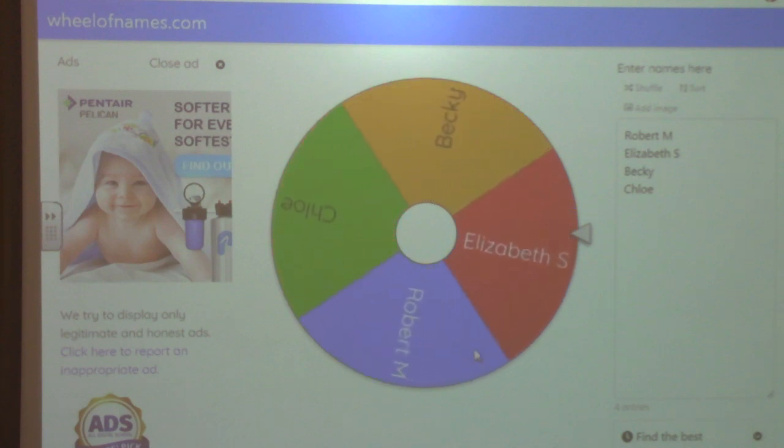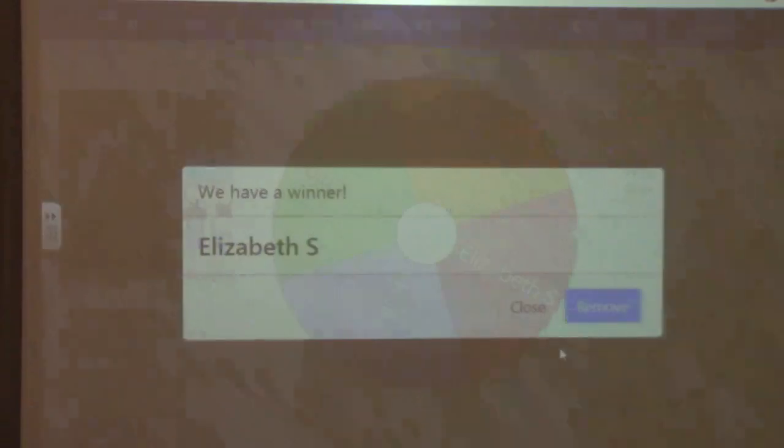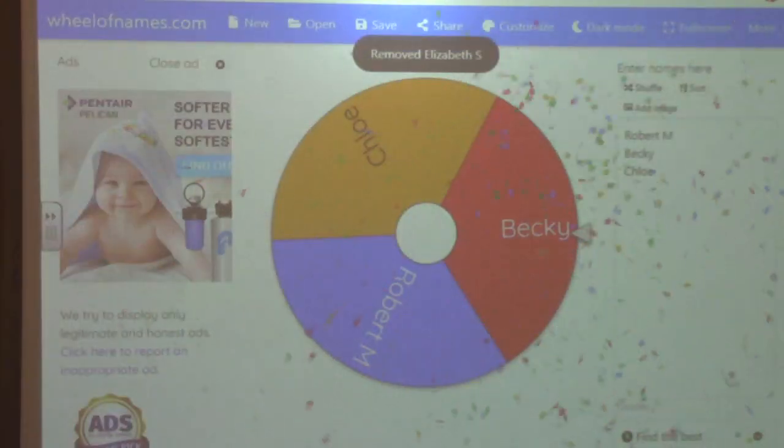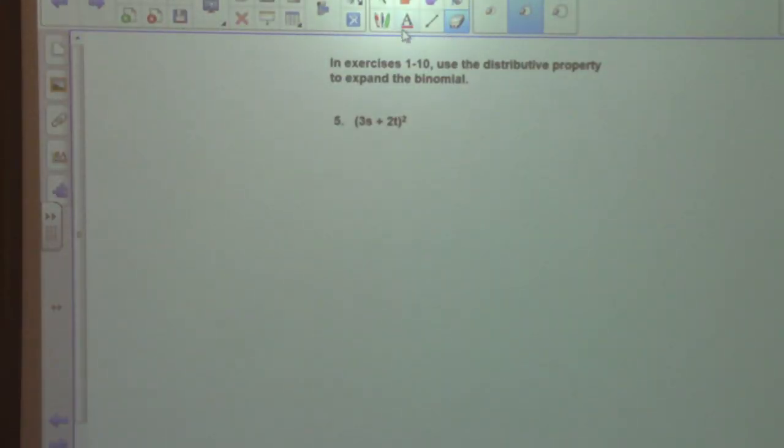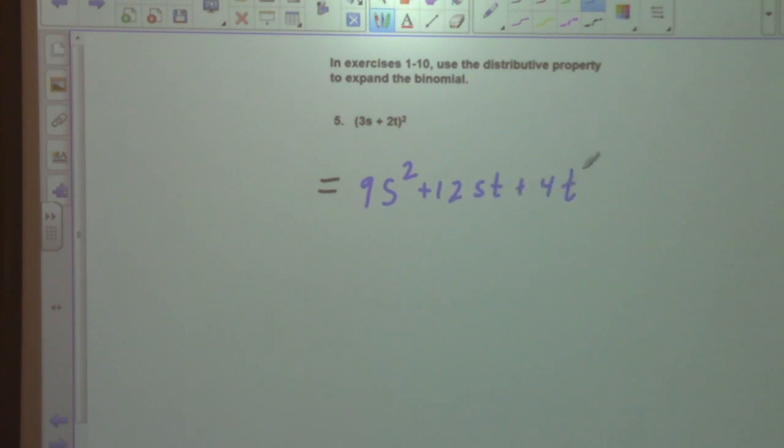Elizabeth, this is yours. Okay, Elizabeth. I got 9s squared plus 12st plus 4t squared. I used the box method.